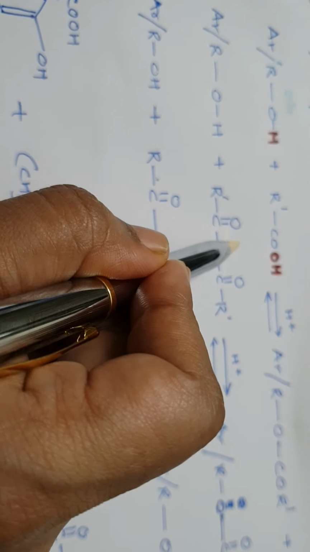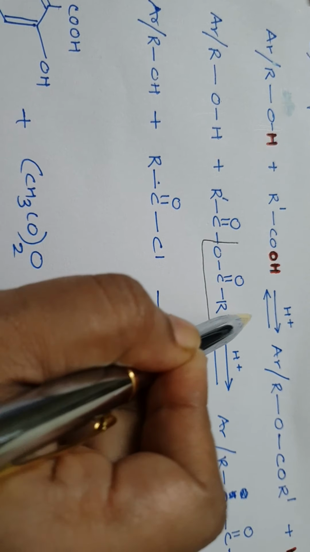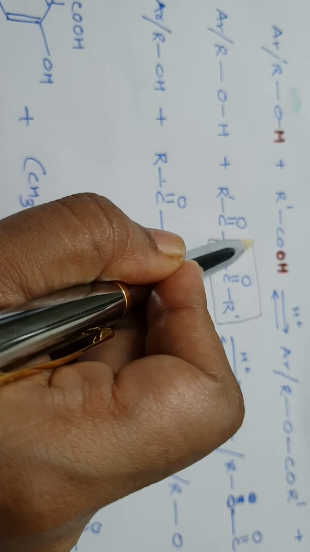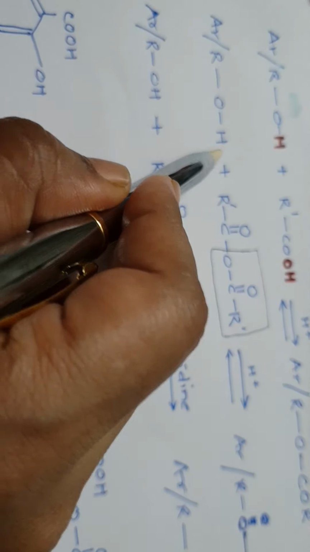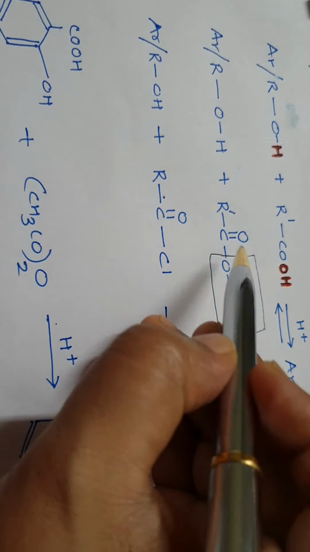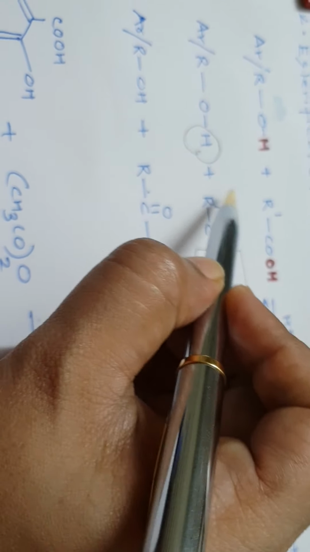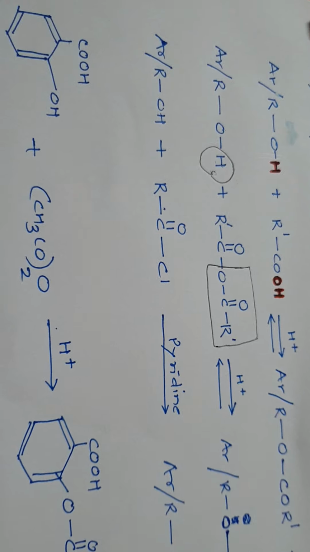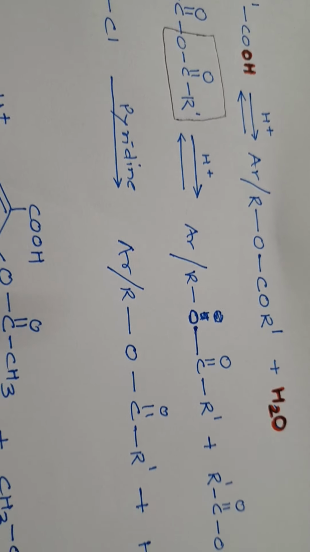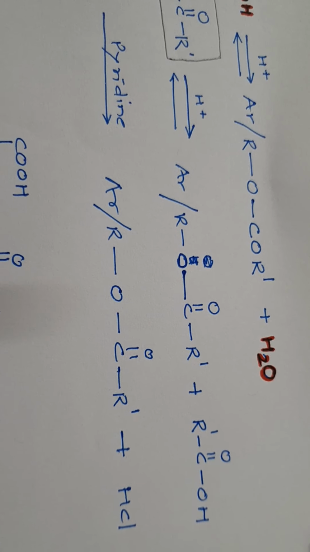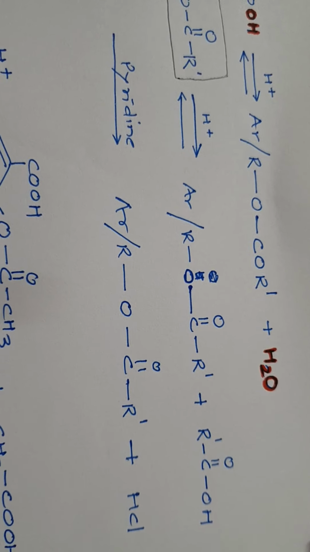What is left over here is R C double bond O, and this is the hydrogen. So we have the hydrogen and the RC double bond O, which form the byproduct in the reaction, and that is carboxylic acid, RC double bond OH.